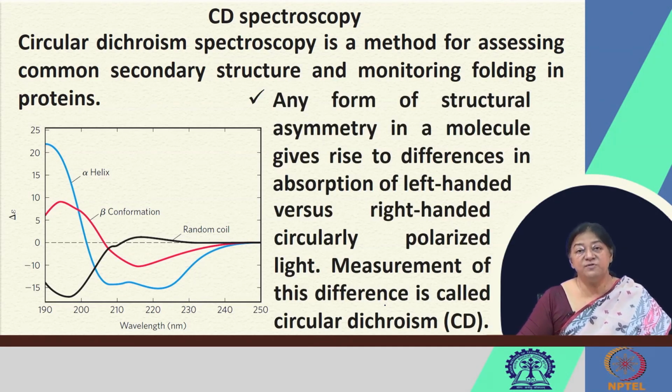So, any form of structural asymmetry in a molecule gives rise to differences in left-handed versus right-handed circularly polarized light. We will see what we mean by these terms in a couple of slides later on, and the difference is called circular dichroism.